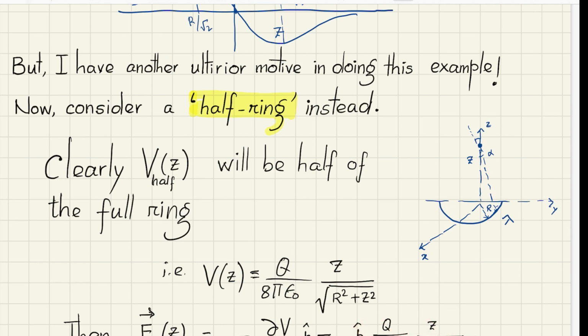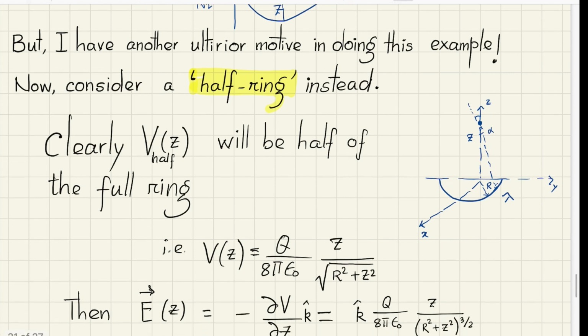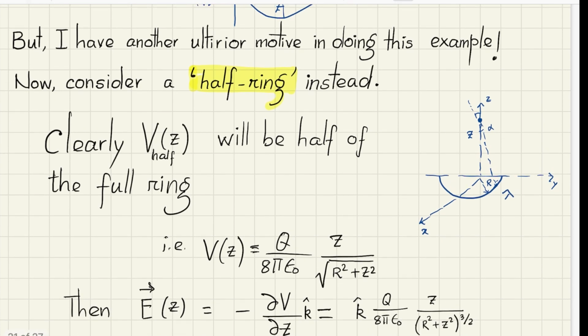Okay, but is this true? Can this be true? There is an important difference. You cannot obtain the electric field just by knowing the V on the Z axis, because here the symmetry is not helping us.